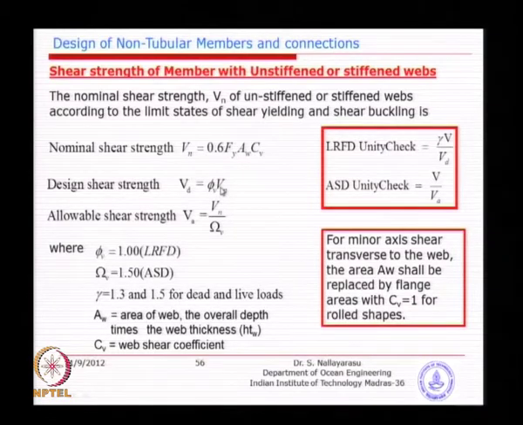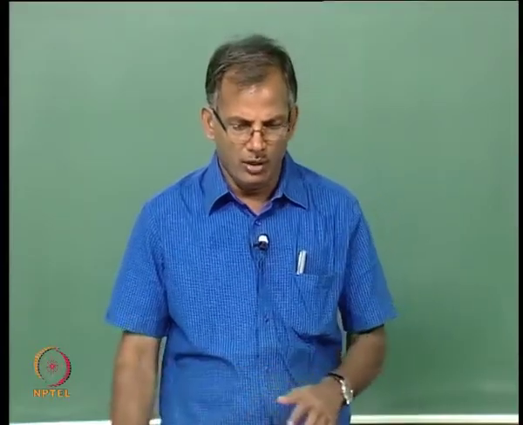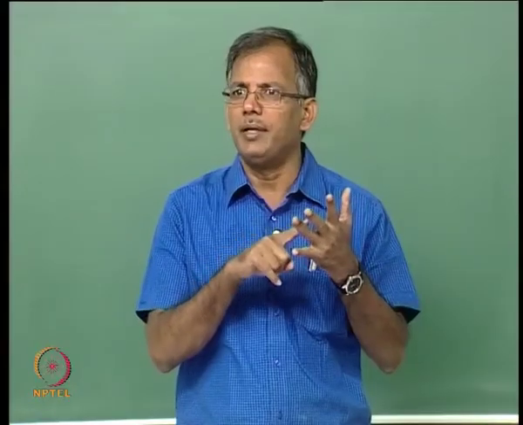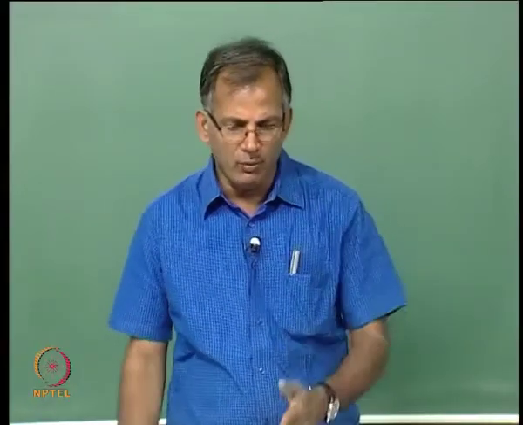If it is LRFD design, you multiply by the material factor, or you divide by the factor of safety, which is conventionally 1.67 for almost all of the cases. Remember, for axial compression and bending we had 1.67, here you have 1.5.